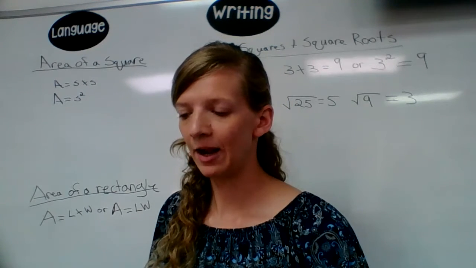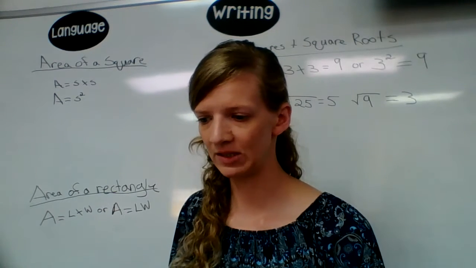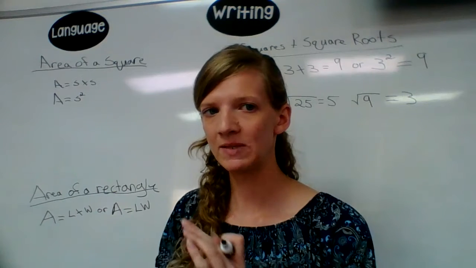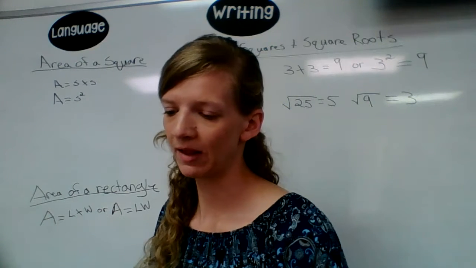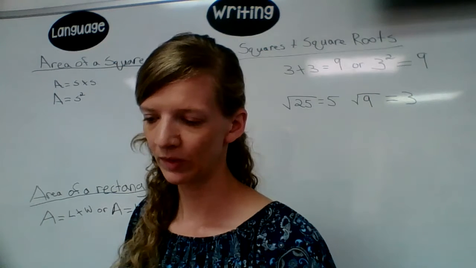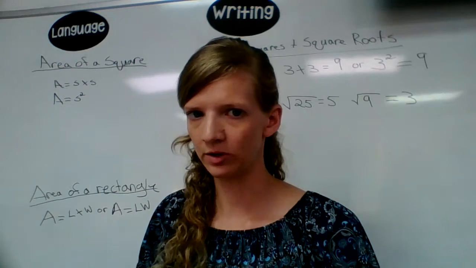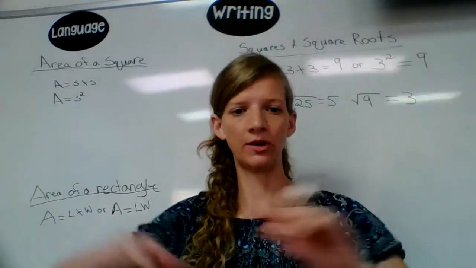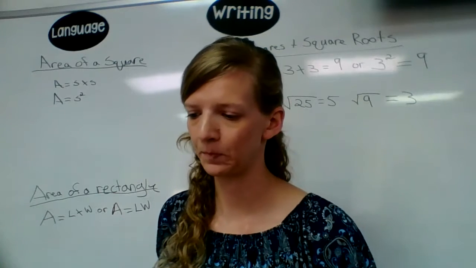So when you're finding the area of a square, and it gives you the size, then you're going to times the side by itself. So let's do the class practice number 1, the story problem. Mr. Thomas is planting grass in the front yard. So he's not just doing it around the yard, he's doing it all in the front yard. So that's why you need to find the area of the square.